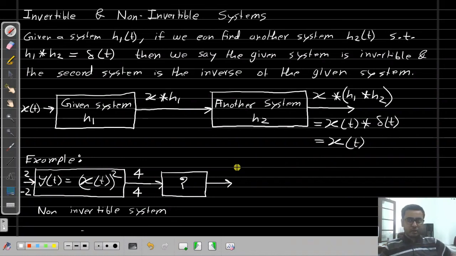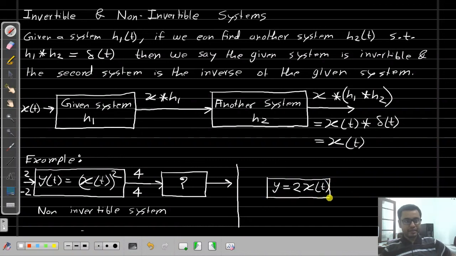On the other hand, a very easy example of an invertible system could be like this. Suppose you have a system where y is equal to 2 times x. Then you can always find another system where the output is equal to the input divided by 2.